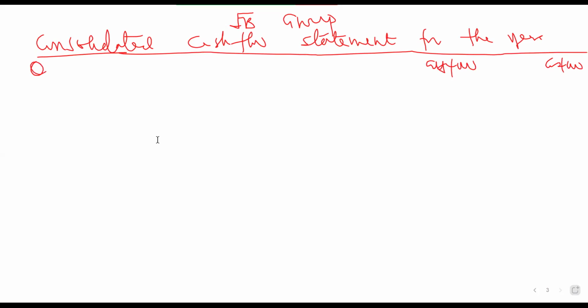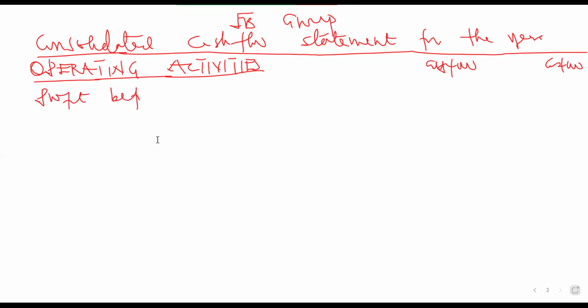So you just have your operating activities here, cash flow from operating activities. Operating activities are our normal business activities. Okay. So we have our profit before tax. How much is that? Question number 3.